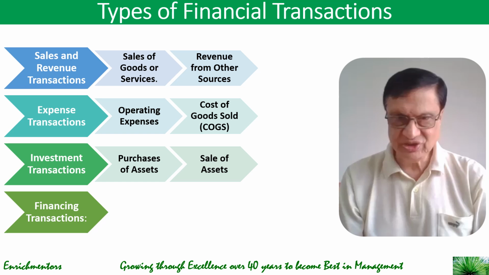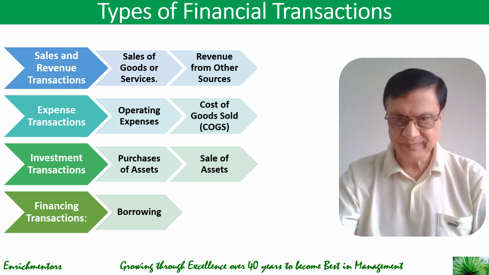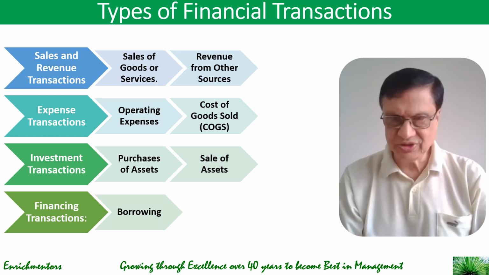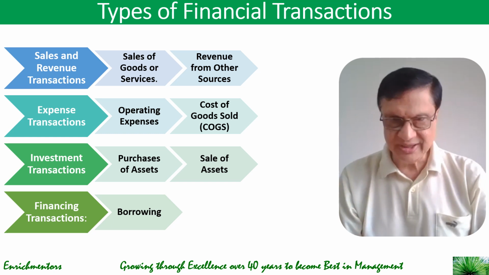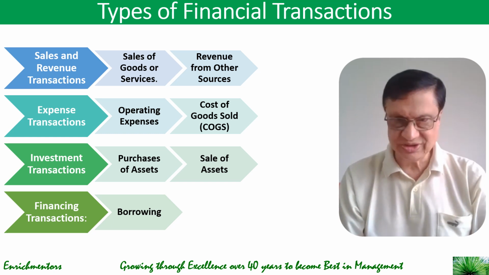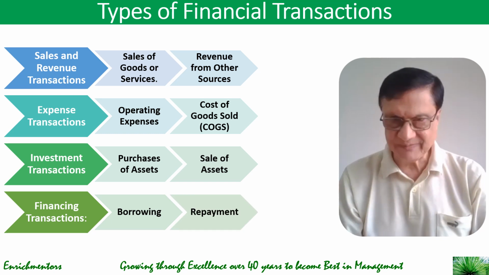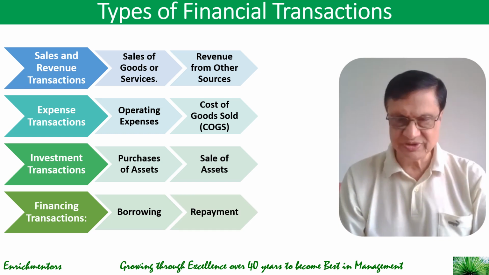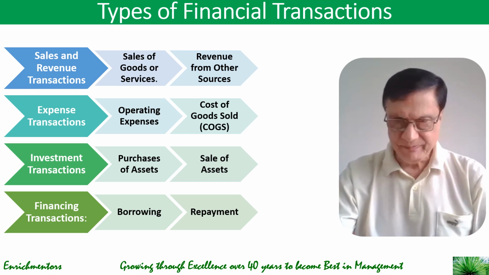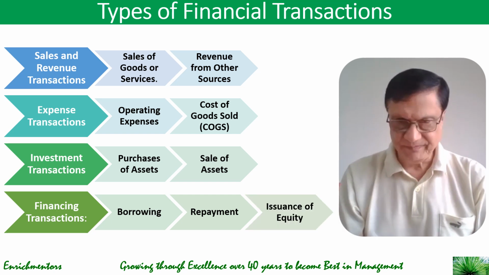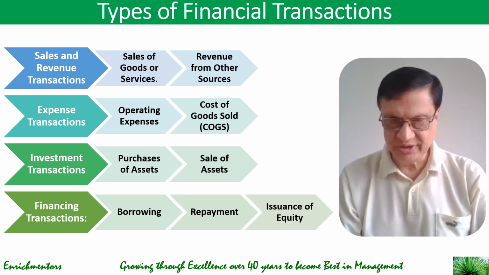And then there are financing transactions like borrowing, in which you obtain funds through loans or issuing bonds, and you have those transactions reflected. Then there are repayments. You pay back the borrowed funds, including principal and interest payments. And there is the issuance of equity. You raise capital by issuing shares of stock.